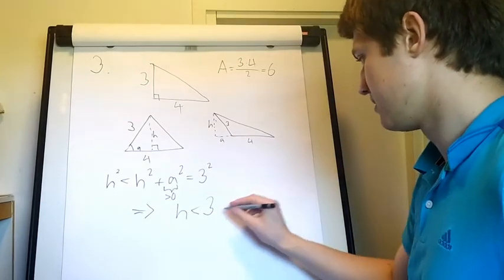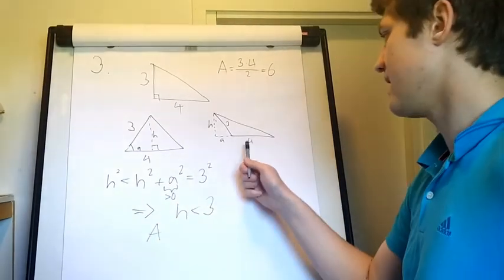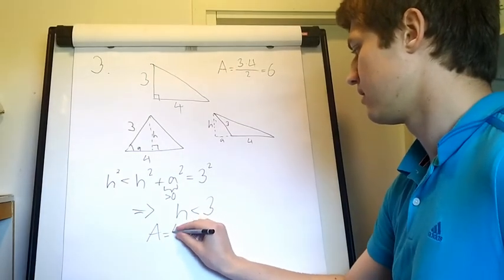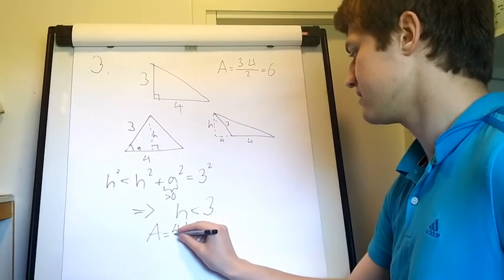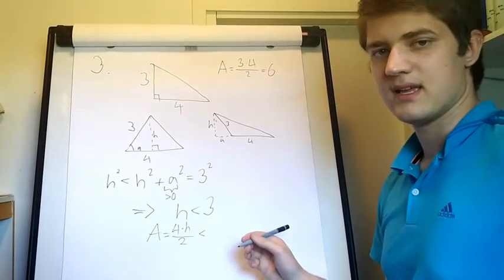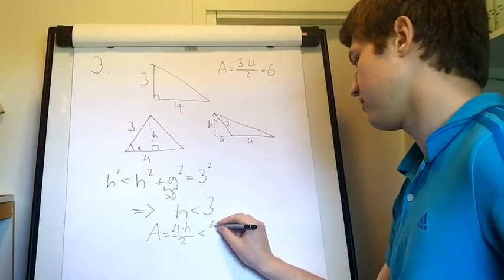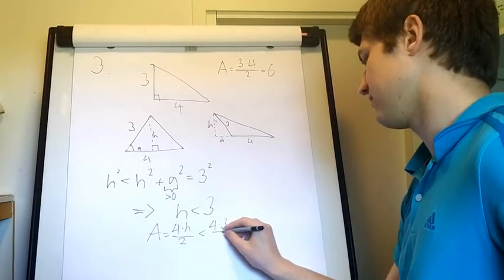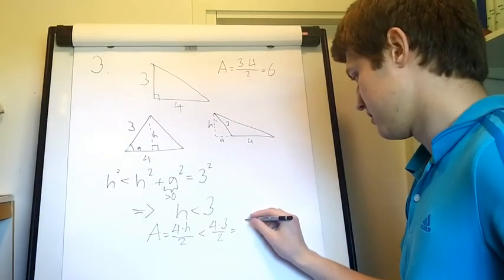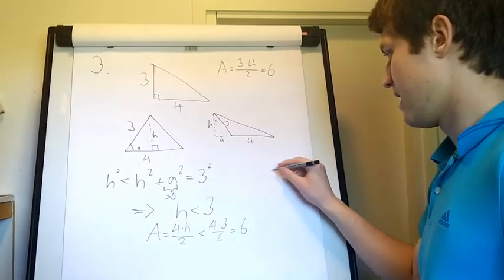And that means the area of the triangle, which is 4 times the height divided by 2, is now less than 4 times 3 divided by 2, which equals 6 again.